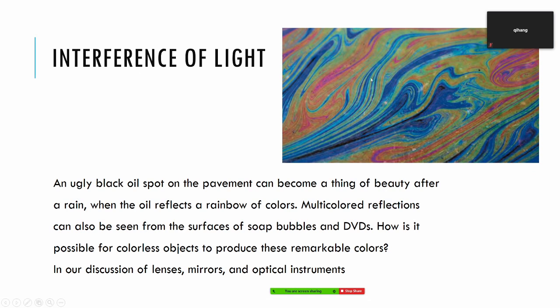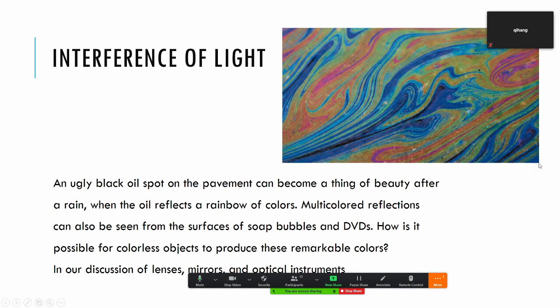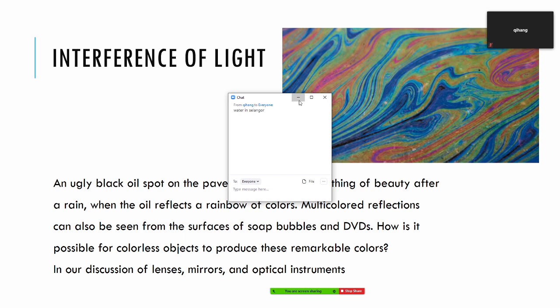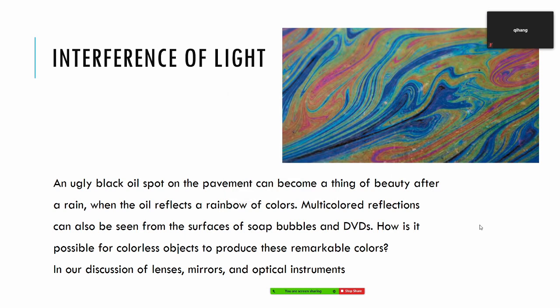So have you seen this color shape? If you have oil on the surface of water, or you have a soapy balloon, a soap bubble, you can find that there will be this kind of pattern.